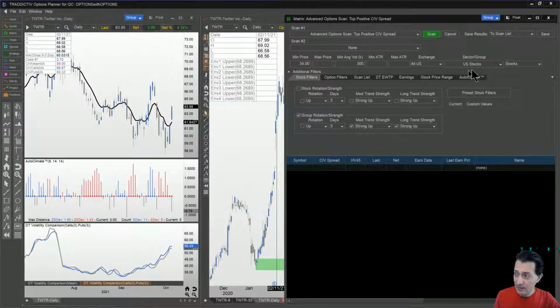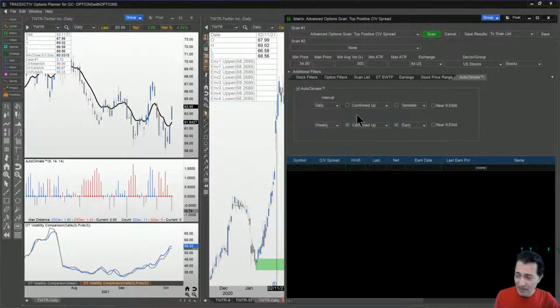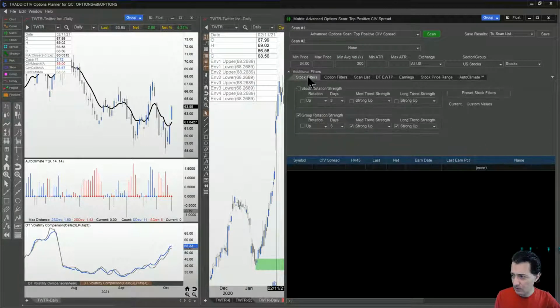Because the S&P dropped so much, we don't have any stock that belongs to strong sectors that show weekly climates up. So I'm going to have to rely on the daily climate only. Okay, let's see if that provides some list. And to my surprise, we don't have anything, so that is not so good.